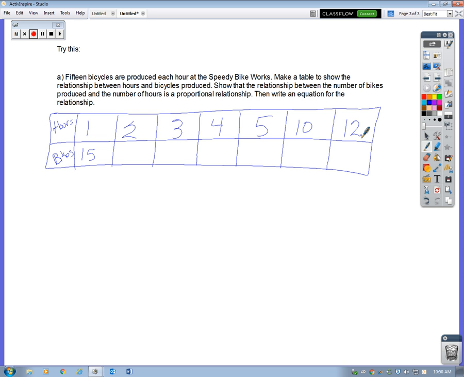So for every 1 hour, we have 15 bikes. So to fill in this next box, we do 2 times 15, which is 30. This next one is 15 times 3. Oops. Let's fix that 3 and make it pretty.